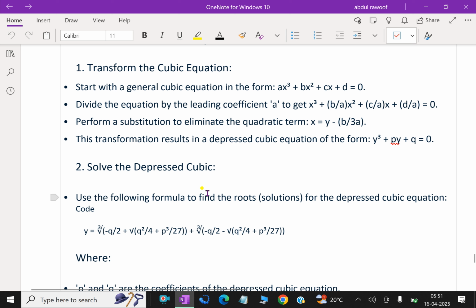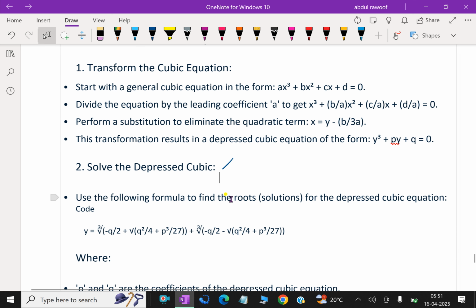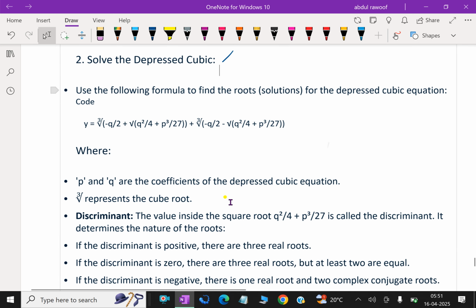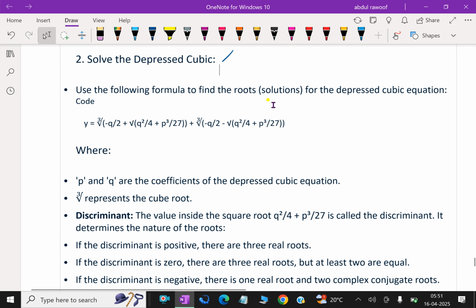Second step, solve the depressed cubic. After making a depressed equation, you have to solve it by using this formula. Use the following formula to find the roots. Solution for the depressed cubic equation, that is y equals cubic root of minus q by 2 plus square root of q squared by 4 plus p cubed by 27, plus cubic root of minus q by 2 minus square root of q squared by 4 plus p cubed by 27.